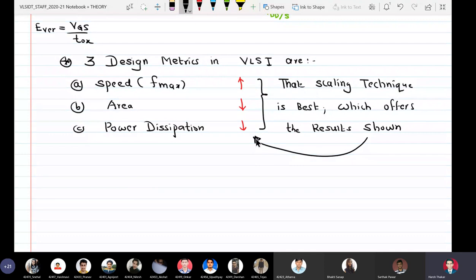So that scaling technique is best, which offers us the result shown.